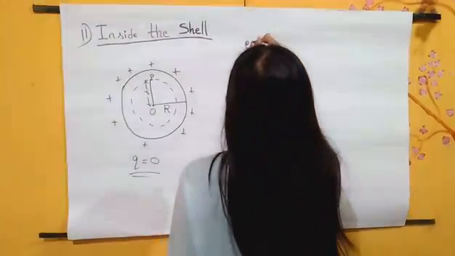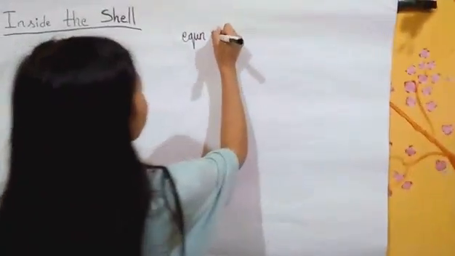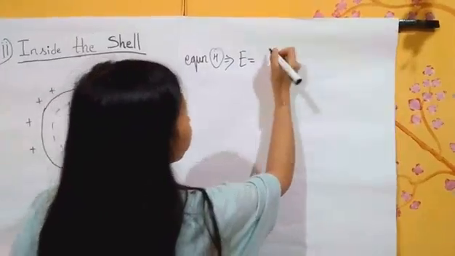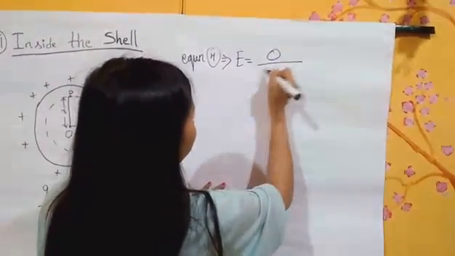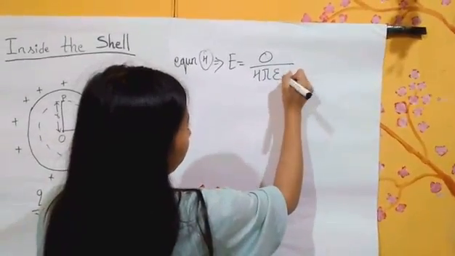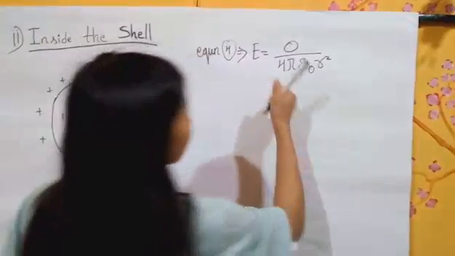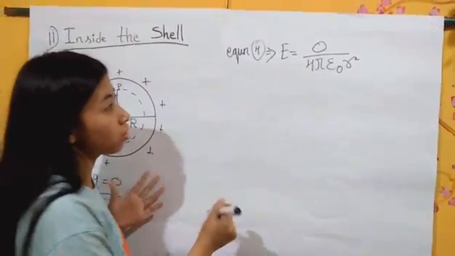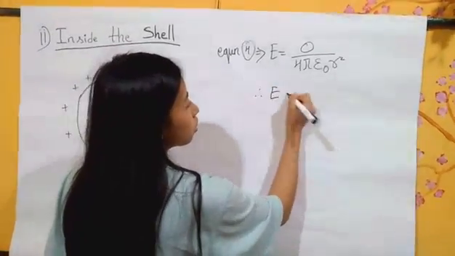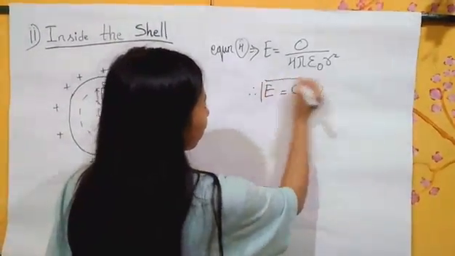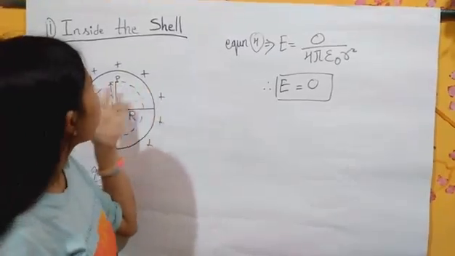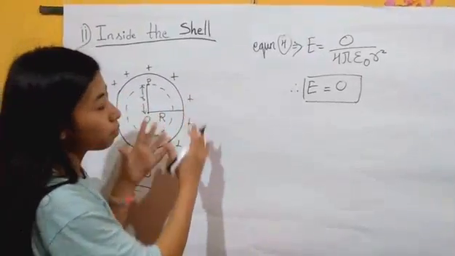So equation 4 implies E is equal to 0 by 4 pi epsilon naught r squared. Since there is no charge, charge is 0. Therefore, E is equal to 0. And this is the required expression for the electric field inside the spherical shell.